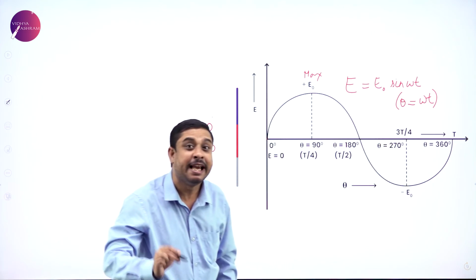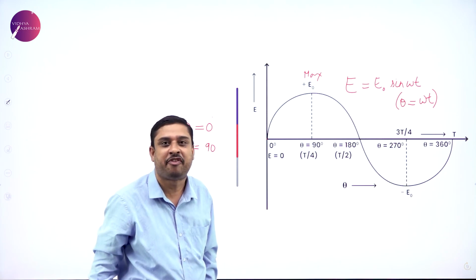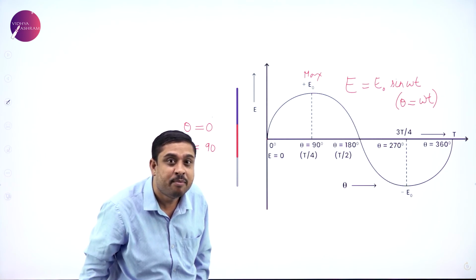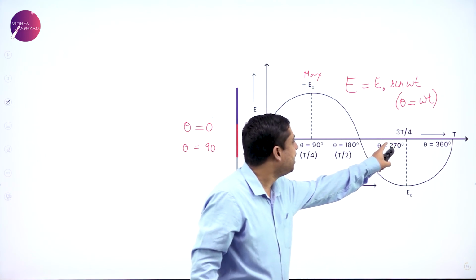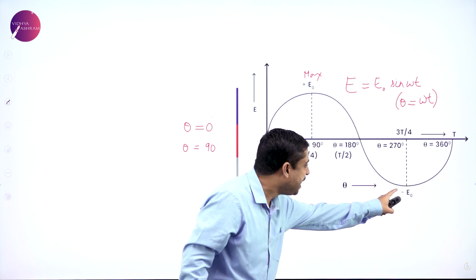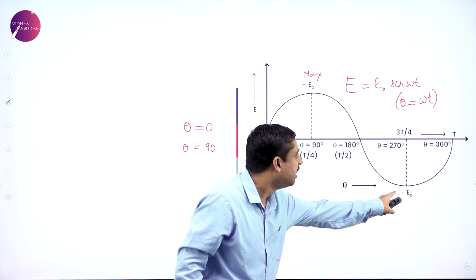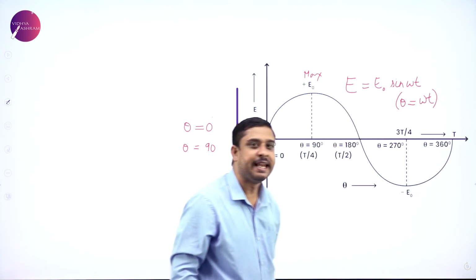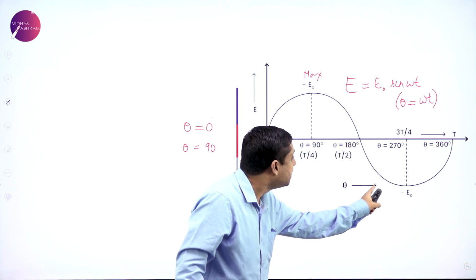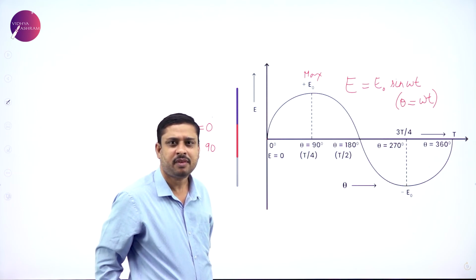Theta is 270. Now see, there is a reversal of EMF, reversal in the direction of EMF. Again, 270 degrees peak value, but on the negative cycle, again 360, 0. So if you see, we have a sine curve which is coming into picture.